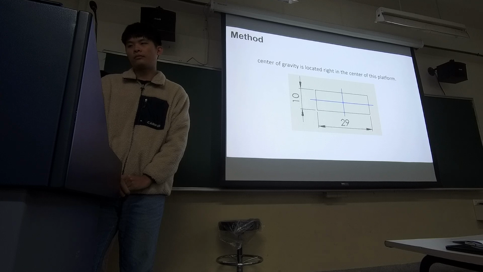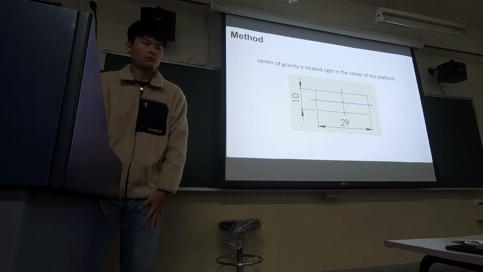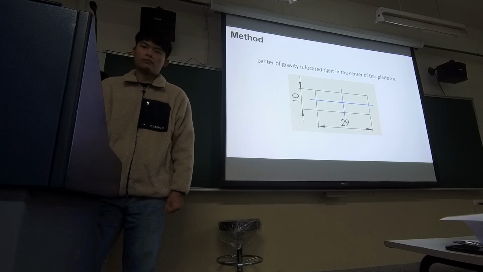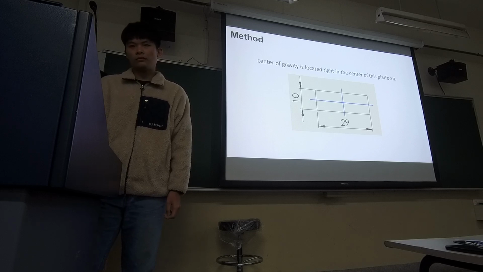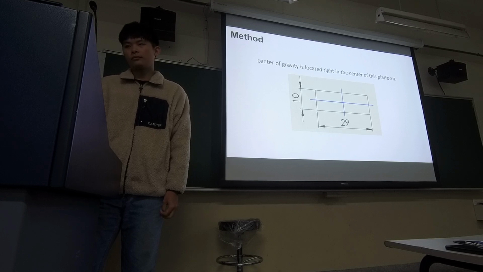The robot has a platform on the top that measures 10 units. Assuming the robot's weight is evenly distributed, its center of gravity is located right at the center of the platform.